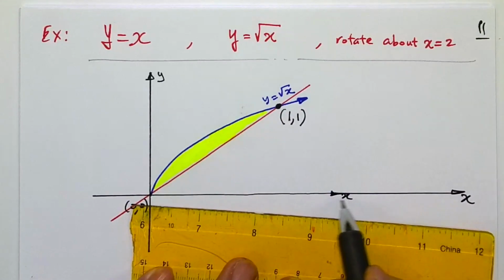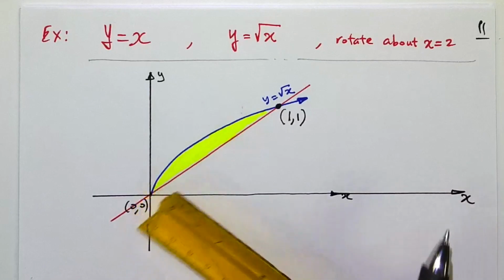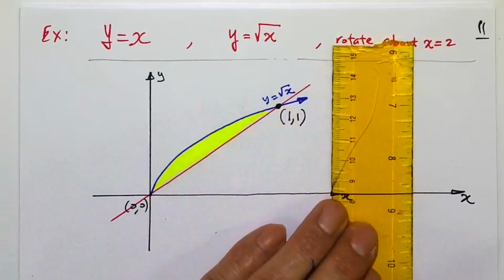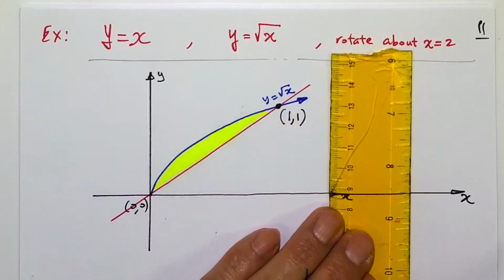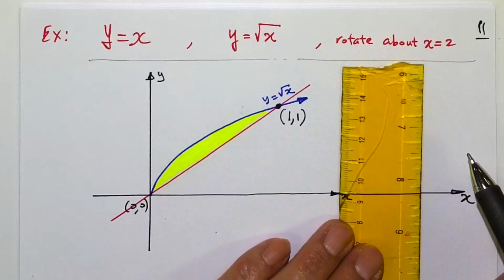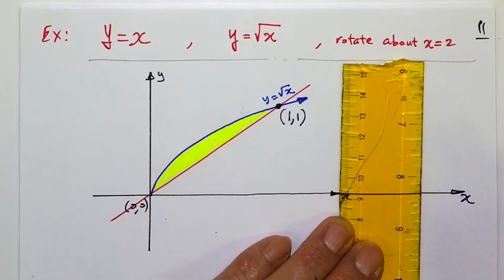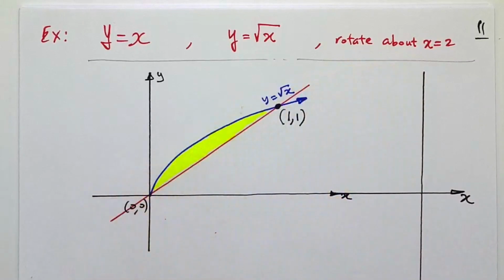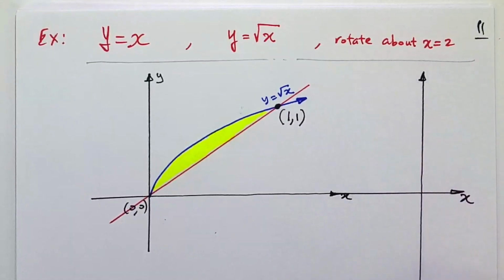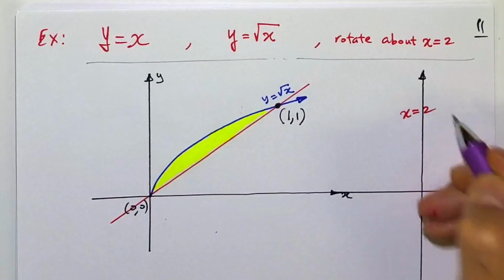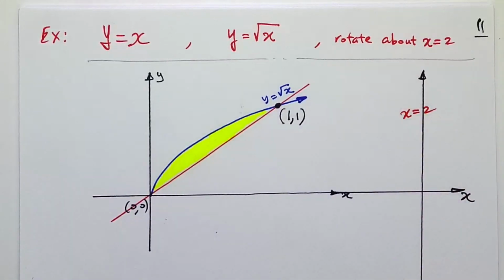I will fix this before posting the lecture notes in Canvas. So, but x equals 2, still not going to be to scale, but it will do the job. It's going to be x equals 2 would be somewhere here. So this is x equals 2, x equals 2 vertical line.